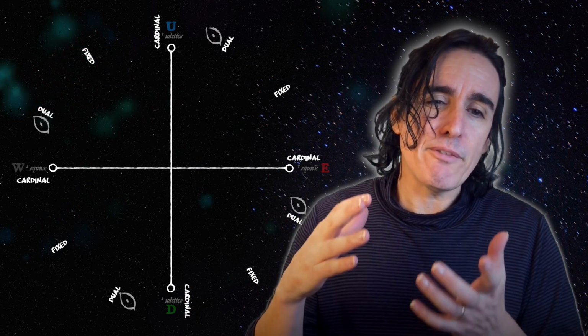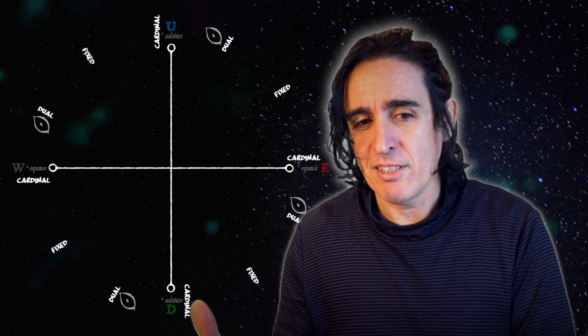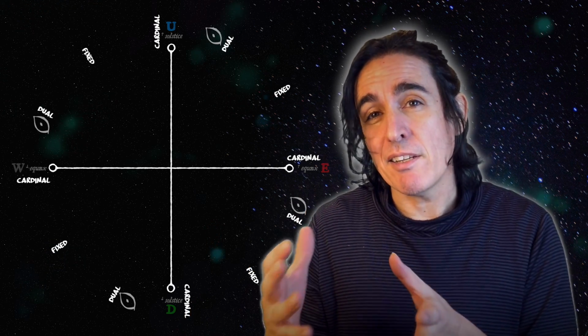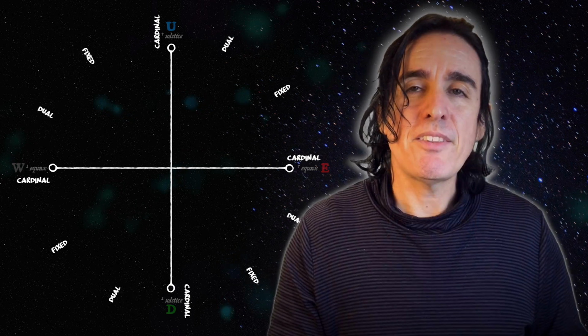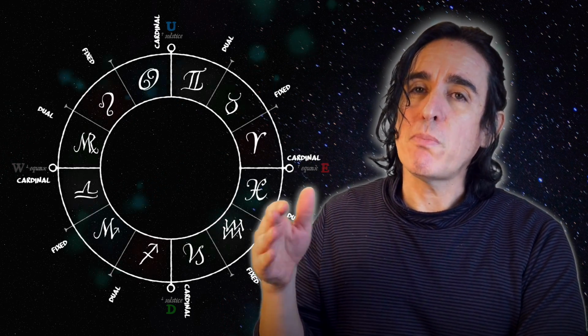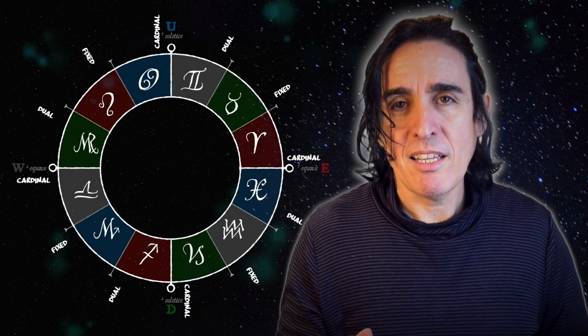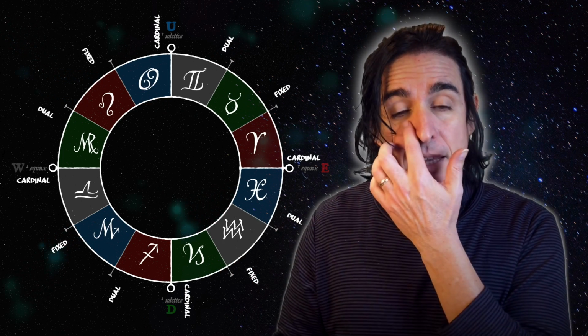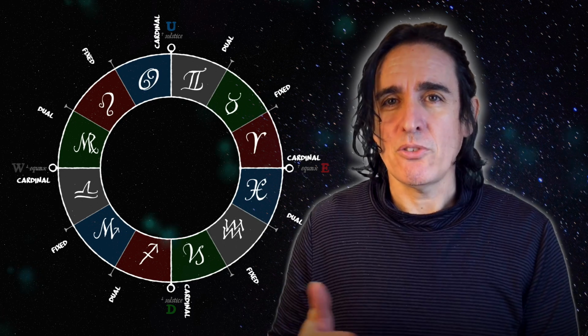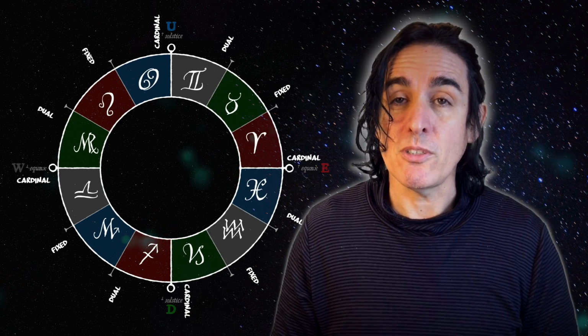So it's neither fixed nor cardinal, but a unique blend of both fixed and cardinal in one thing. Now, the zodiac signs which correspond to these segments have the modality that the sun displays in each of those segments. And that's why Aries is cardinal, Taurus is fixed, Gemini is dual, and so forth.